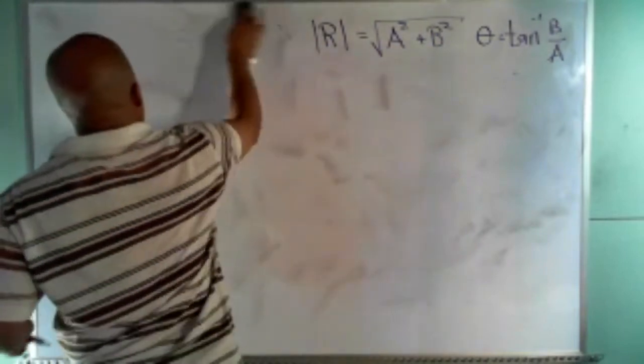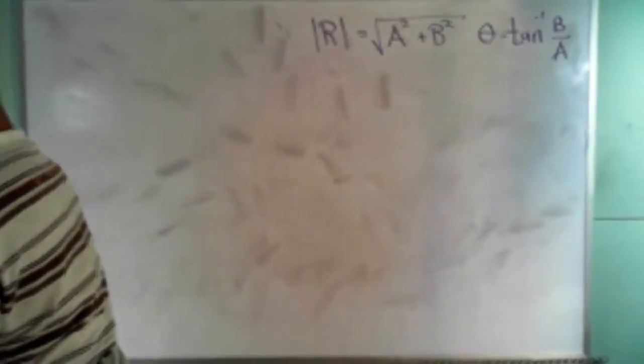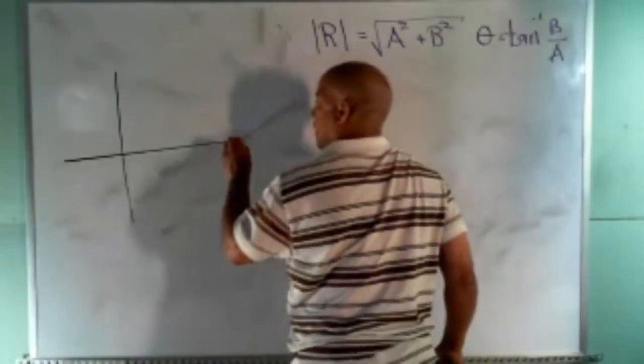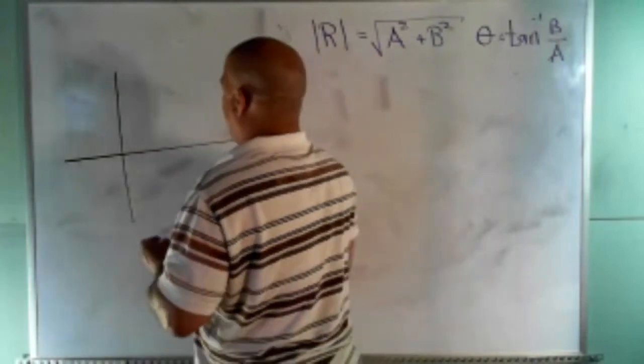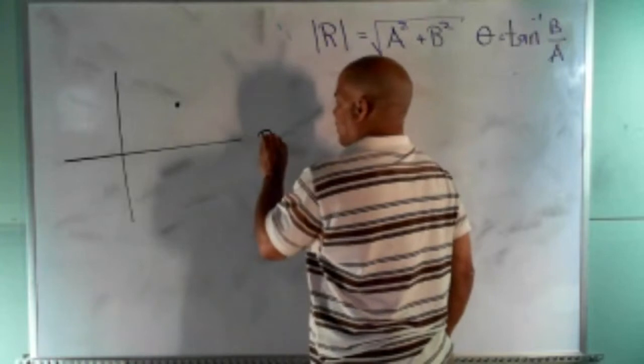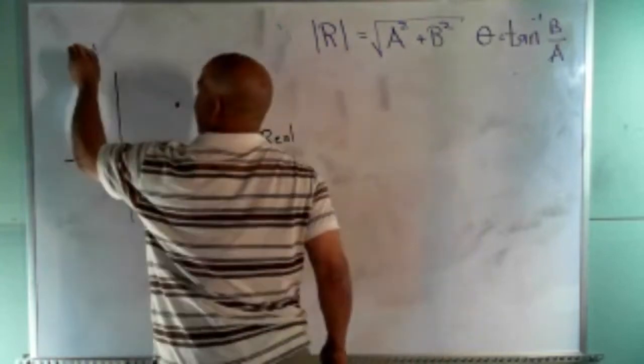So let's say that they gave me, draw my coordinate system again. Here's my point, there's my complex number, here's my real axis, here's my imaginary axis.